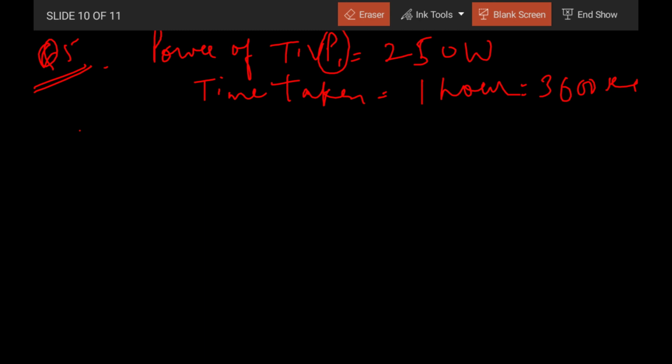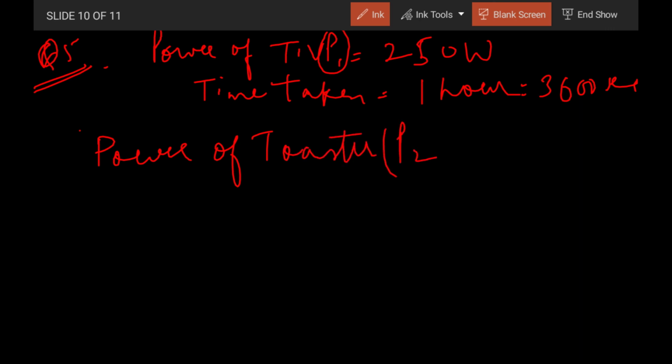Now we will calculate the time taken for the toaster. Power of the toaster P2 is equal to 1200 watt.